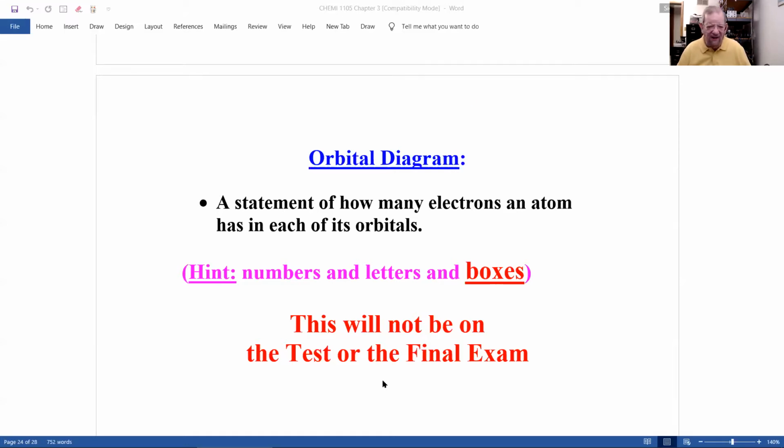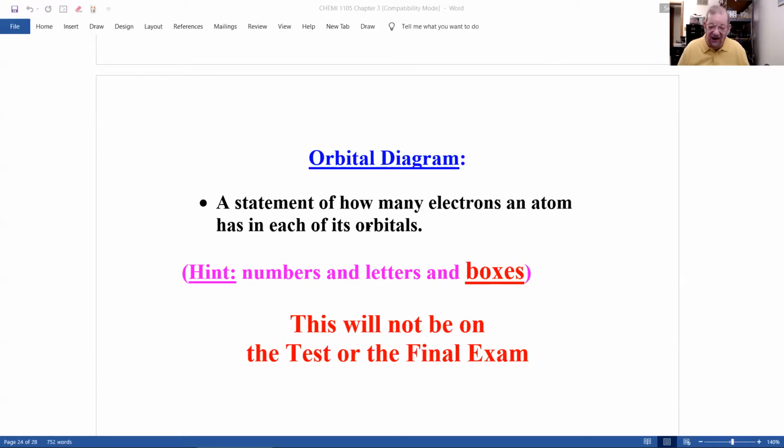And if you look, I'm following what's in the book, but I'm going to skip stuff. In the book, there's something called an orbital diagram, and it's a statement of how many electrons an atom has in each of its orbitals. An orbital is where you can put 2 electrons. Example, the s subshell has 1 orbital, 2 electrons.